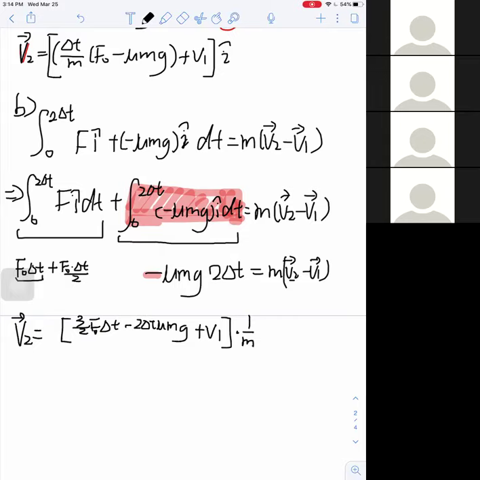So that will give you the expression for v2 when t equals 2 times delta t.